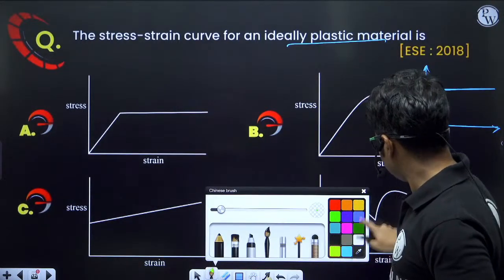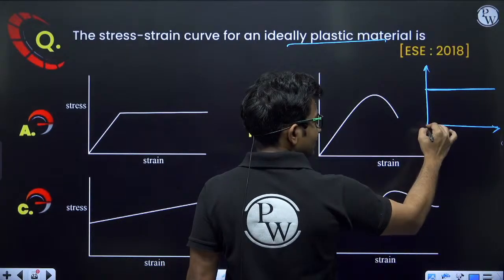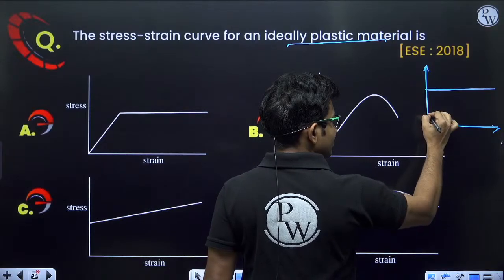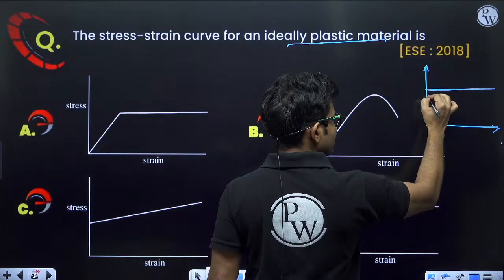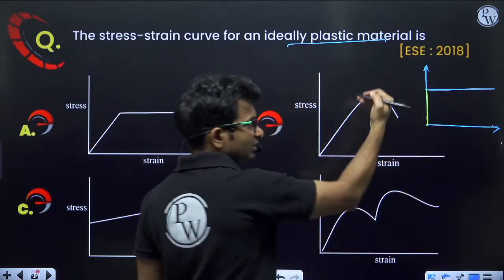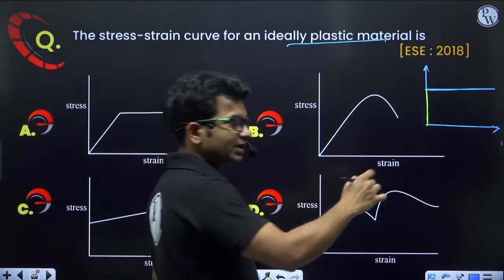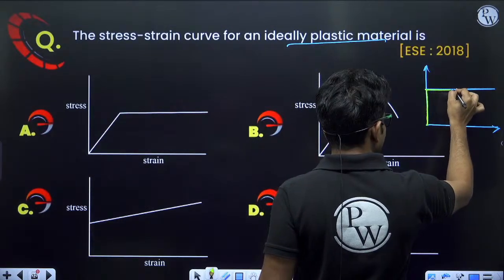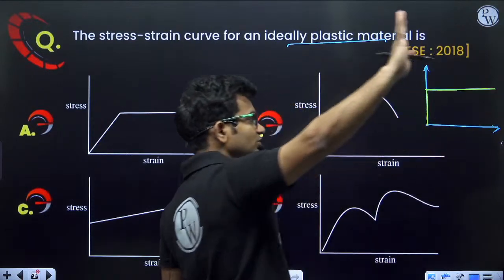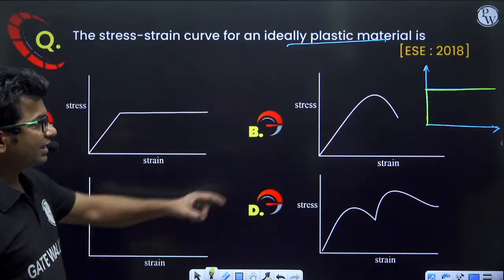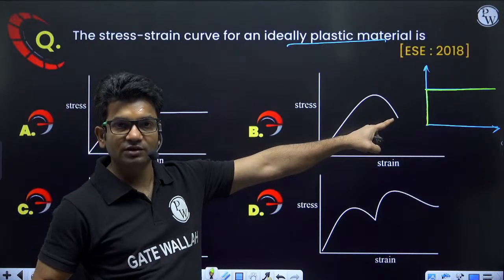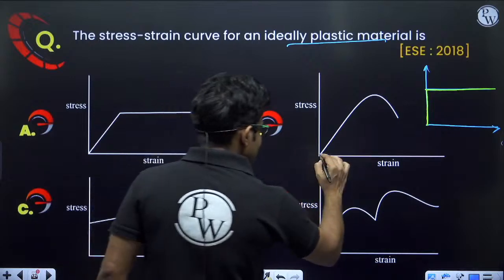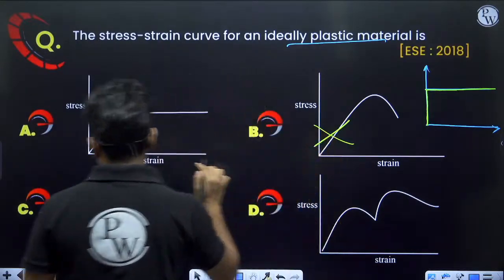What happens in an ideally plastic material? If we apply the load, stress keeps on increasing but there is zero strain. And after a certain stress is reached, the stress is constant and strain keeps on increasing. This is the characteristic of the stress strain curve of an ideally plastic material. This does not match, this does not match.